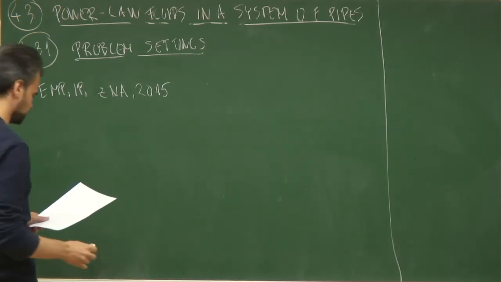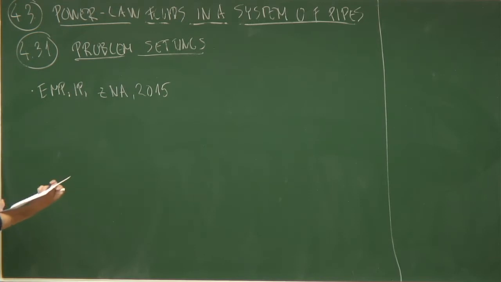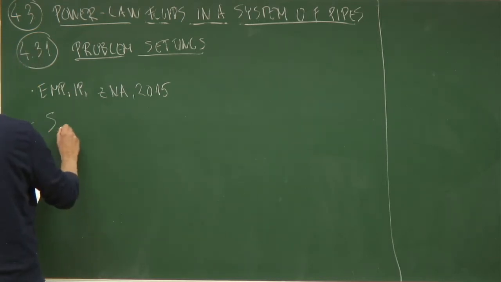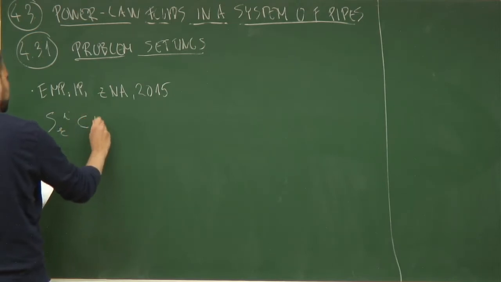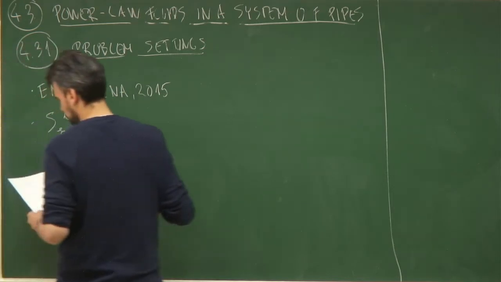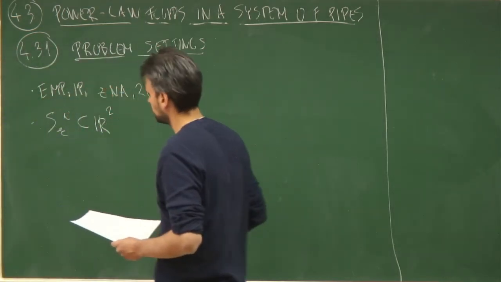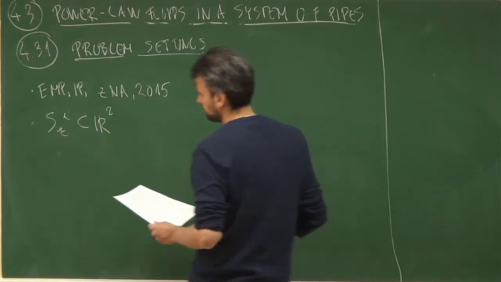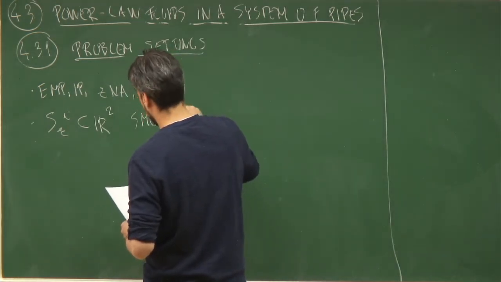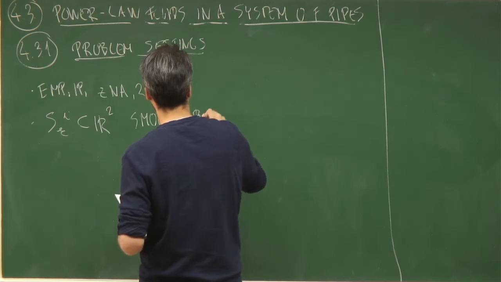Okay, so the settings you more or less know by now, but I will repeat them. They're similar, some of the notation is a bit different, but this is a smooth bounded domain.